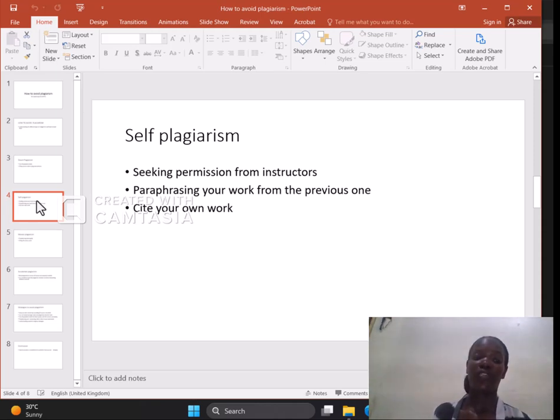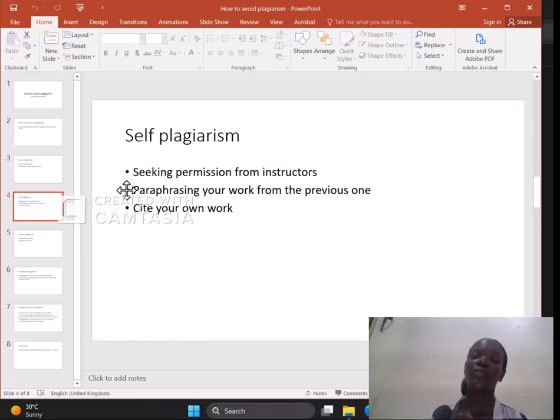The ways we can avoid that: one is seeking permission from instructors. You first seek permission from your instructor, saying you want to use the other work you used before. The second is paraphrasing your previous work. If you feel it has the same idea as the new work you're given, you just paraphrase.